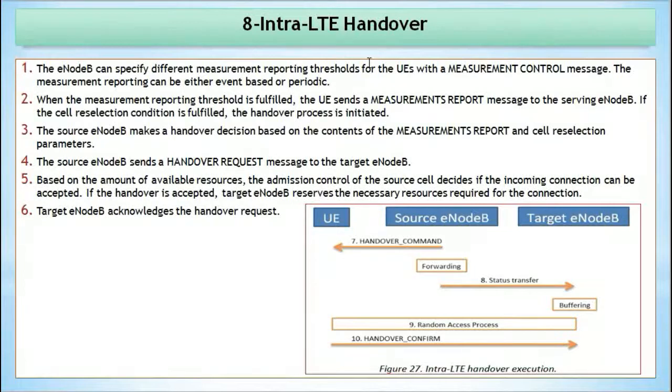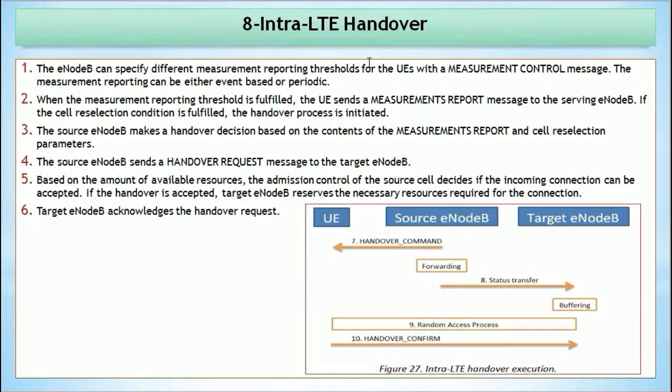If the cell reselection condition is fulfilled, the handover process is initiated, and the source eNode B makes a handover decision based on the context of the measurement report and cell reselection parameters.